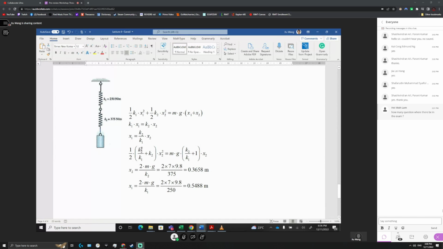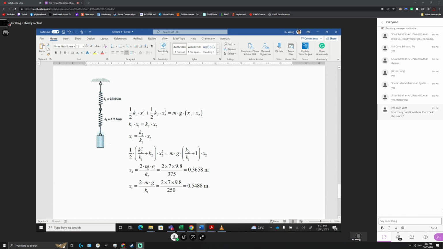And then you take k2 out as a common factor, the rest of it cancels. So you get x2, you cancel x2 with another x2, x2 equals this divided by k2, and this becomes mg. So 2mg divided by k2. The same, if you know x2 like that, and multiply by k2 divided by k1, cancel k2, then it's 2mg over k1, this is x1.